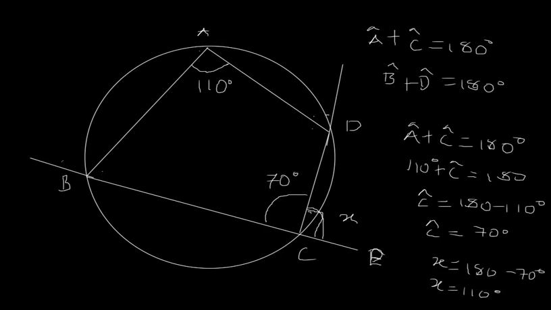Okay, so now let's have a quick recap of all the principles that we've learned. We've learned of angles in a triangle. We've said angles in a triangle add up to 180 degrees.